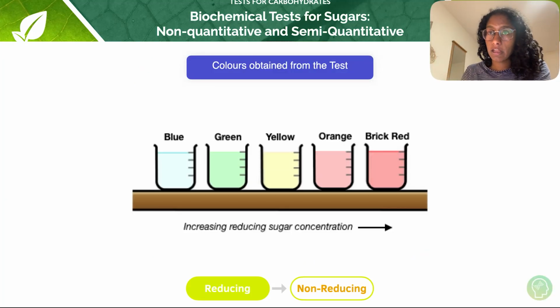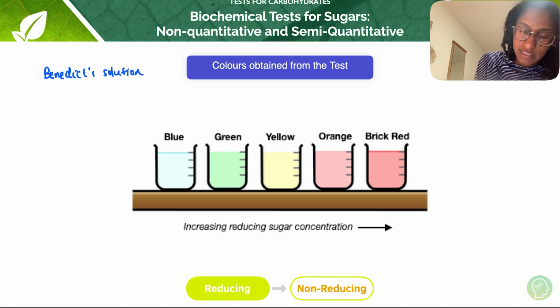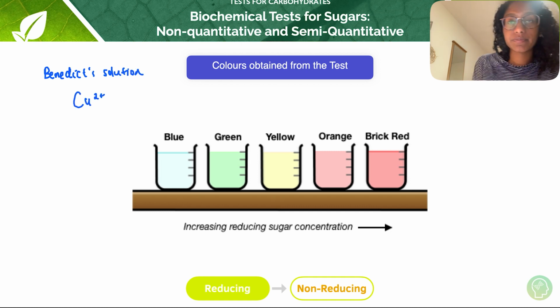So this is what I wanted to show you. Remember what we're doing is our Benedict's solution contains these copper 2 plus ions.